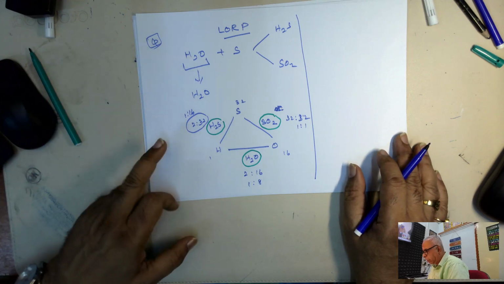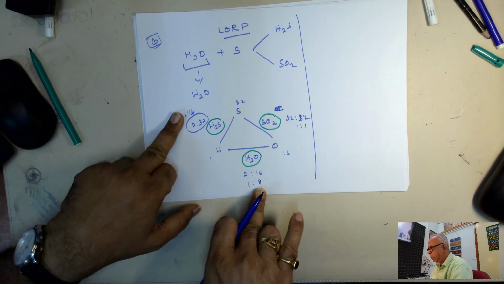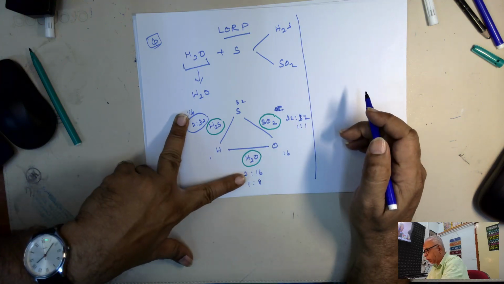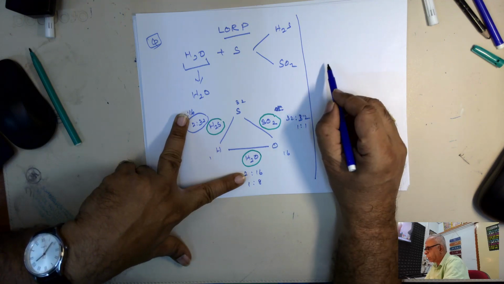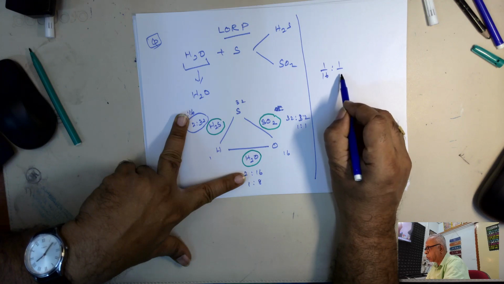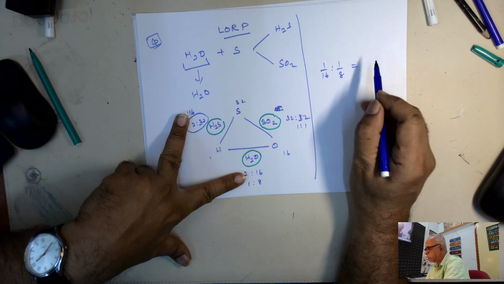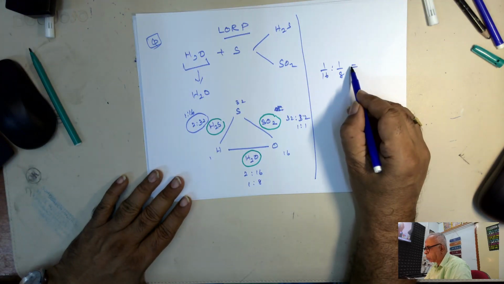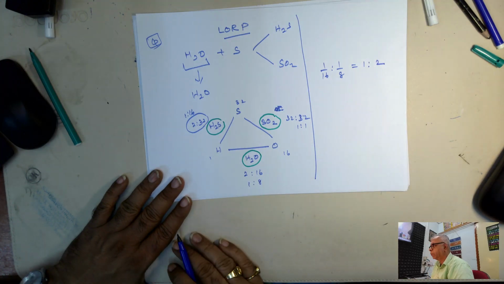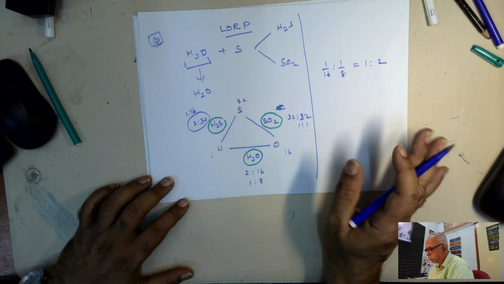So the ratios here are 1 is to 16 and here 1 is to 8. Are you able to follow? So these ratios are related in such a way that 1 is to 16 is to 1 by 16 is to 1 by 8. So that is nothing but a reciprocal. You can multiply by 2 so that it becomes 1 is to 2, right? So they are simple multiples of each other, is it not?